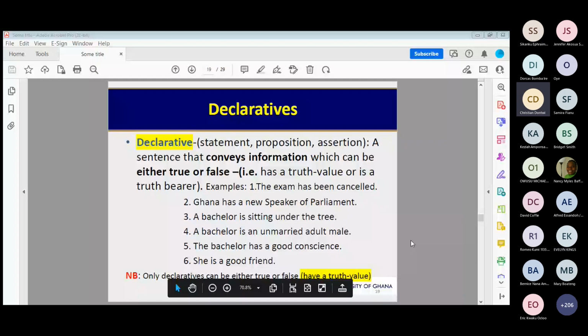Doc, please, we can't hear you. We can't hear you. Okay. I don't know why this is happening. Any of you working with Vodafone, please tell them that we are doing a serious lecture. They shouldn't distress us. Tell your Vodafone people. MTN was stressing me.